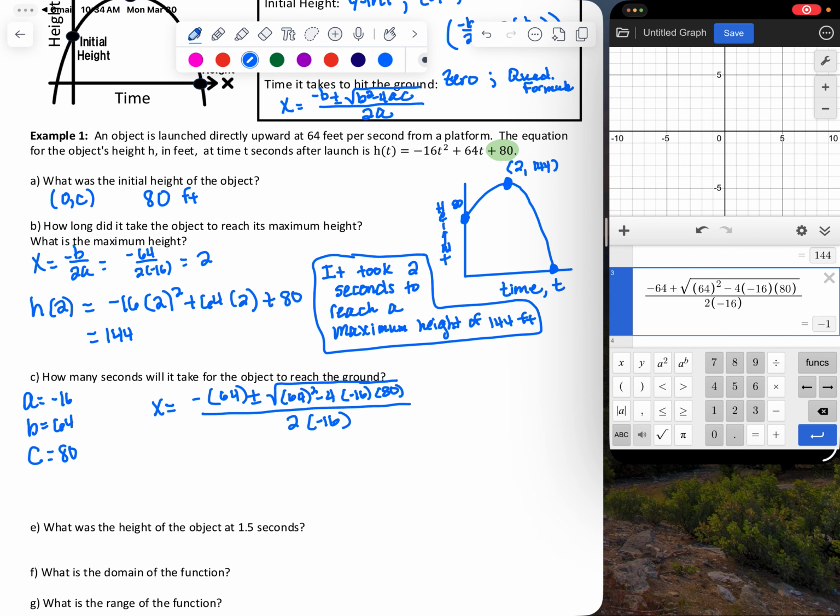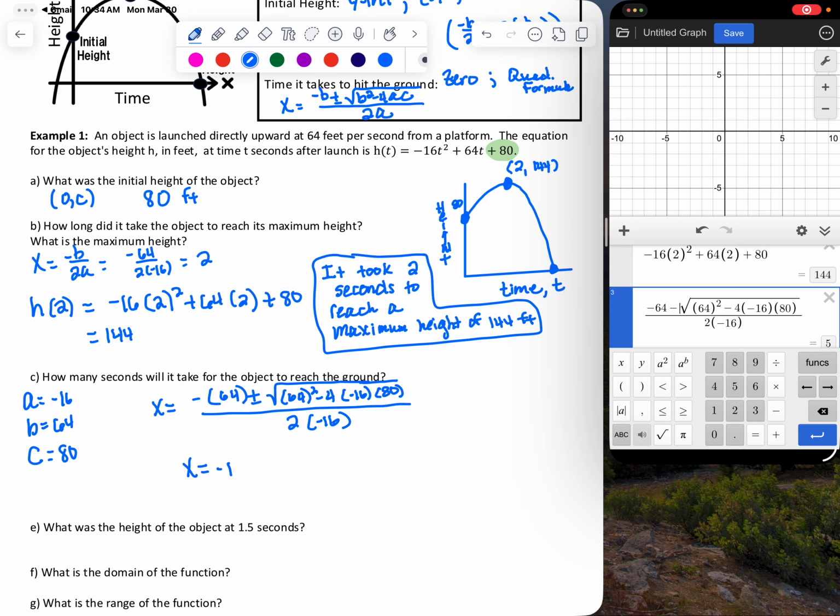All right, my first solution is negative 1. Now I need to find my second solution, so I'm going to go back up here and change this plus to a minus, and I get x equals 5.